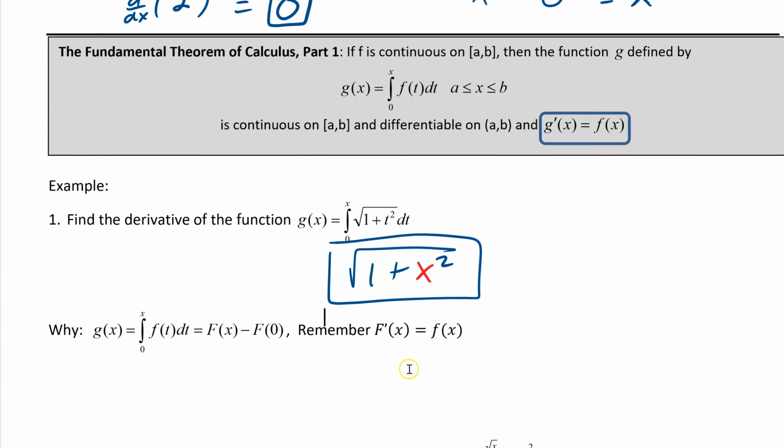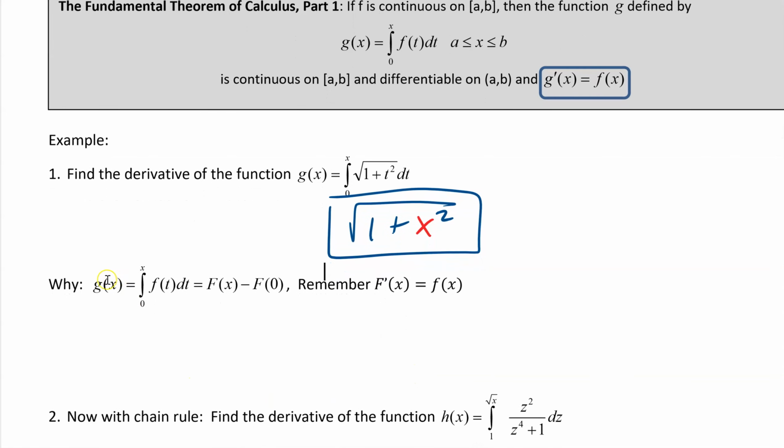So again, why is this true? Well, let's look at it. We know this is our g, which is giving us this, right? And if you remember, F prime of x is f of x. So now if I take the derivative here with respect to x, I'm now taking the derivative of our integral. And so on the other side, it just becomes F prime of x, because that is an x, right?